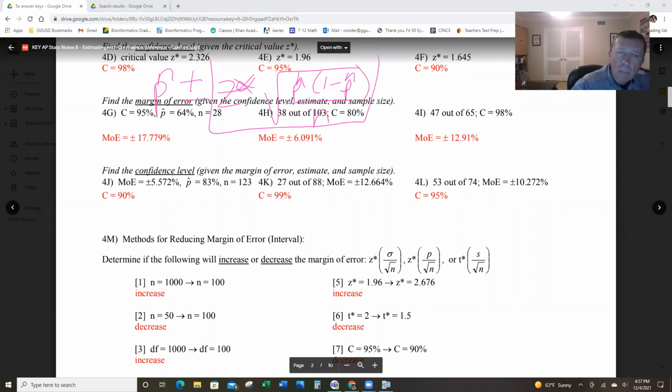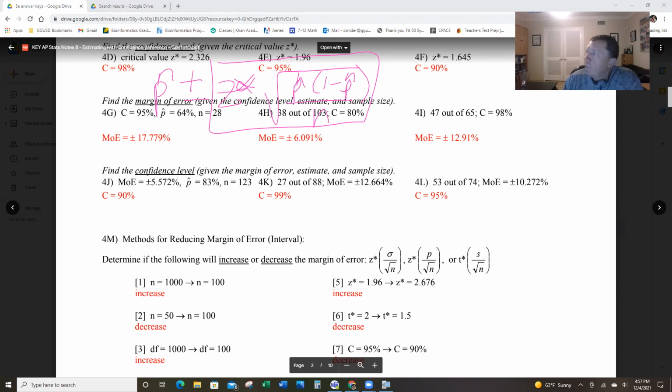This part is the margin of error. The margin of error is made up of two parts, the critical value, z star, and the standard error, which is the square root of p times 1 minus p over n.